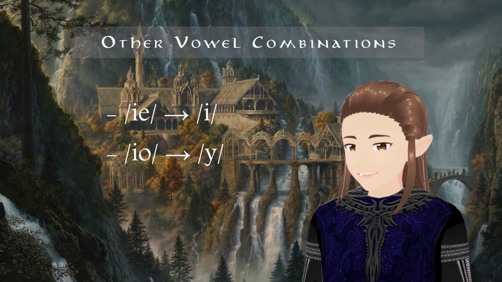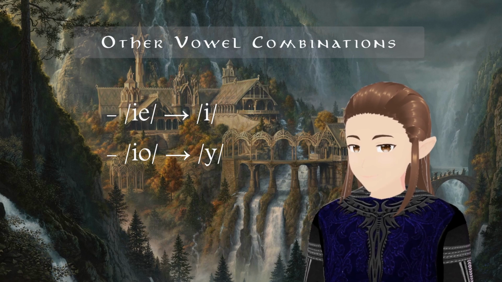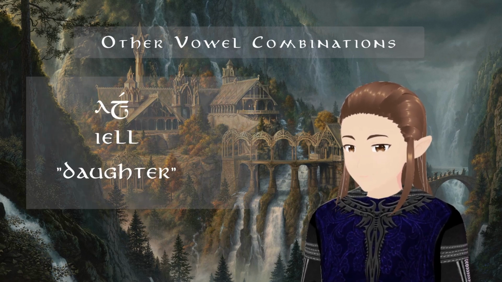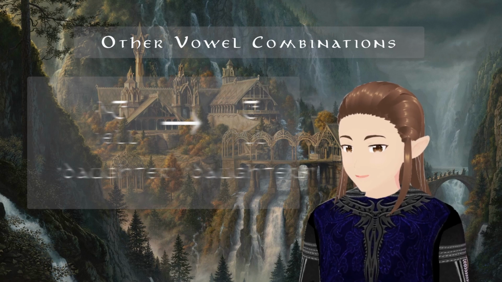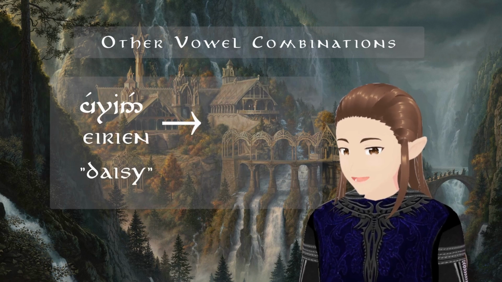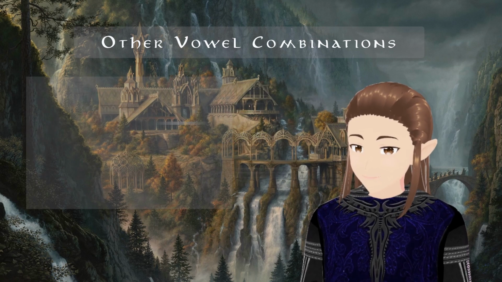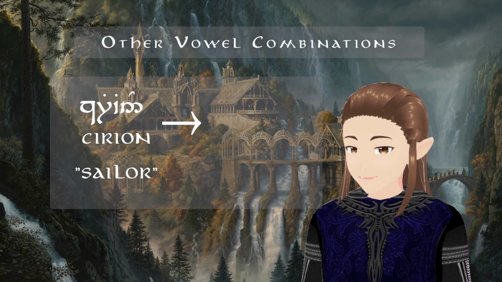The vowel combination ie becomes i, and the combination io becomes u. For example, yel becomes il, eirien becomes eirin, yon becomes un, kirion becomes kirun.